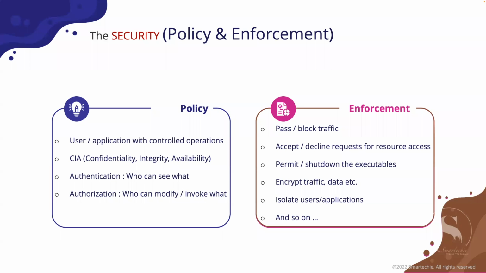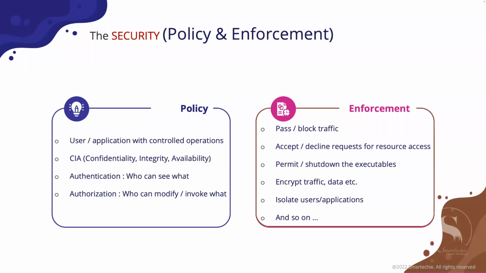And isolating users or applications. What does that mean? Whenever any user tries to access the system, the user needs to be segregated properly, with control over all the resources available in the system landscape.